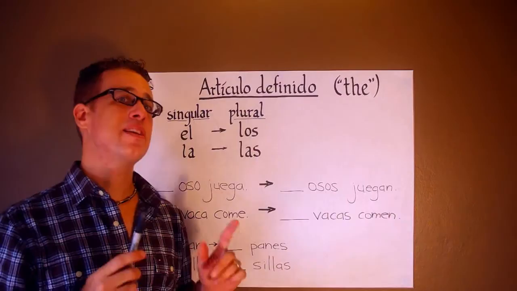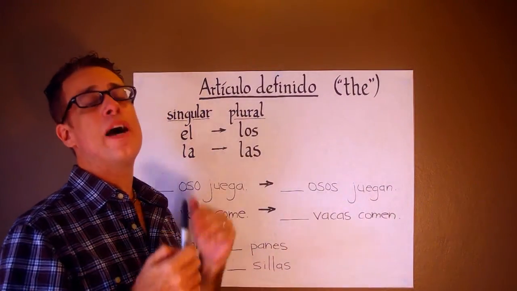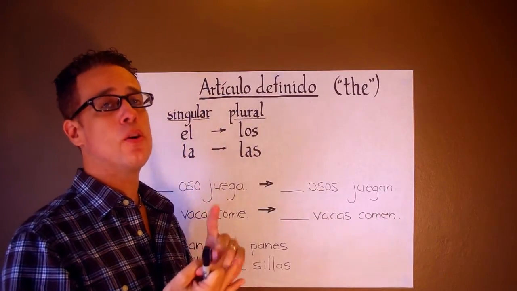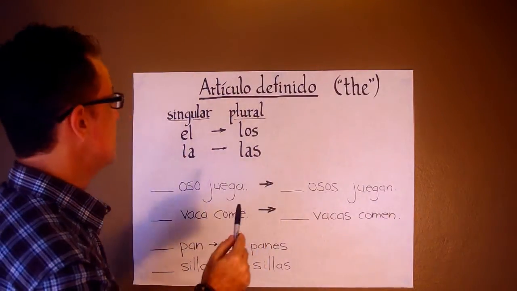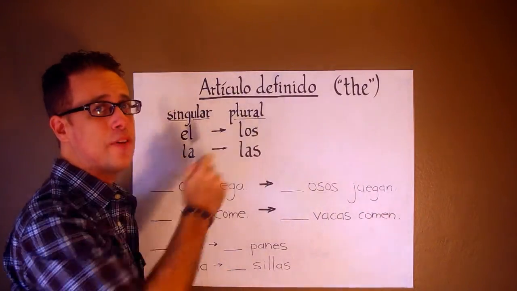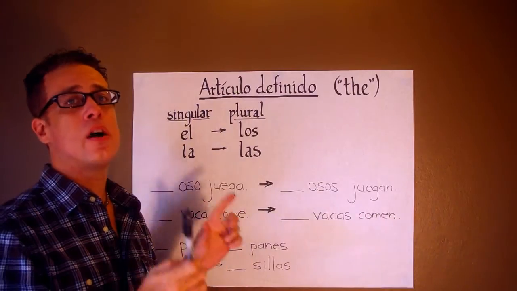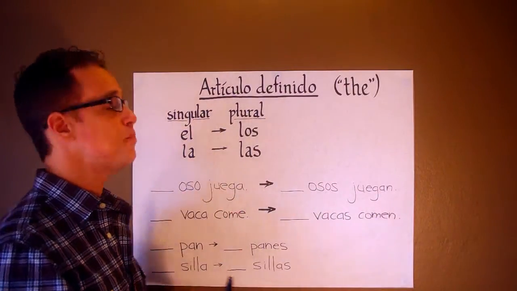Now it's gonna make sense why in Spanish you would have to know if the noun is feminine or masculine. It's because of this. The definite article or artículo definido has to agree with the noun it goes with, okay?